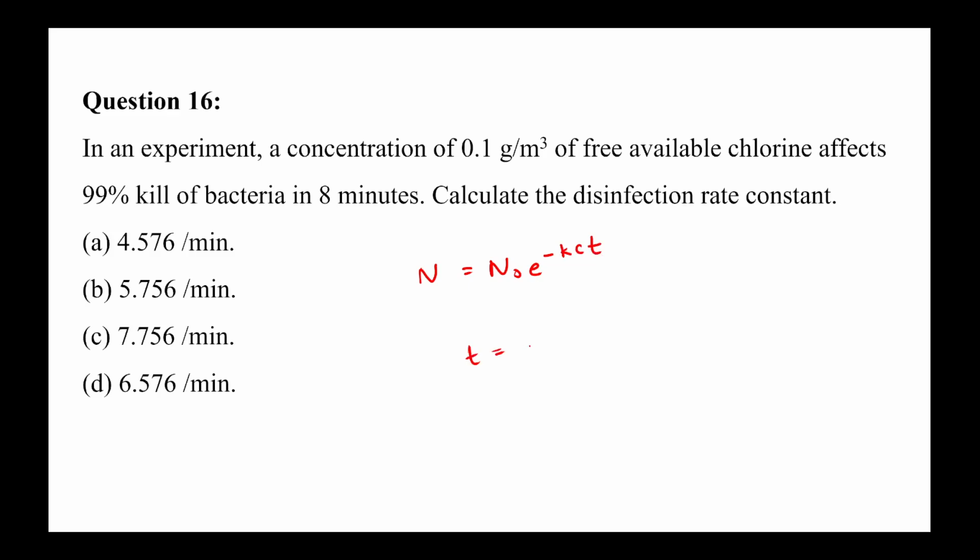So t is given as 8 minutes. C is the concentration of the free available chlorine. So that is given as 0.1 gram per meter cube. K is what we have to calculate. So K is the disinfection rate constant.